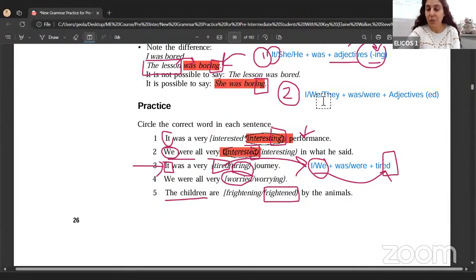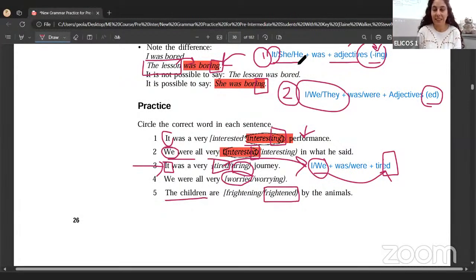But if we have I, we, or they, then you say with an ed, I was tired, we were exhausted after work, they were devastated, they were saddened. So you could see it depends on the subject. That's how you know if you need to use an ed or an ing. The ing is with the subject it, she, or he. The ed is with the subject I, we, or they.